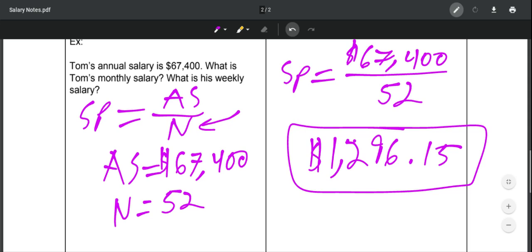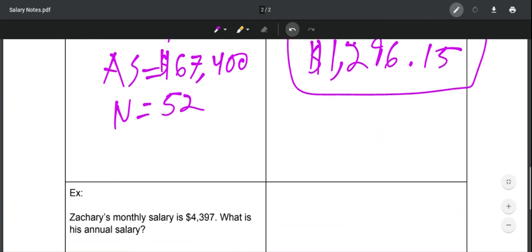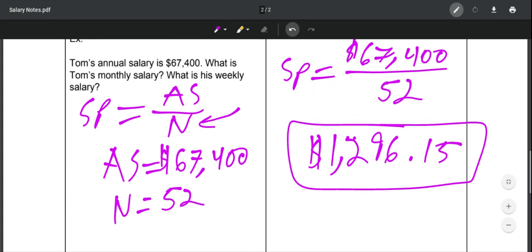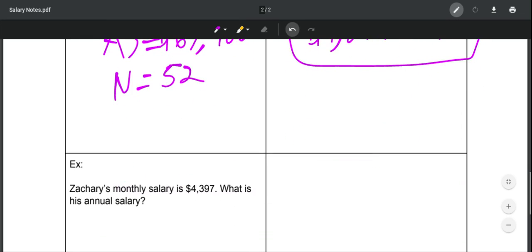That's how much he would get paid per week. So the only difference between monthly and weekly is that N changes. That's how you would do a problem when it asks for per month or weekly, which is his salary per pay period.